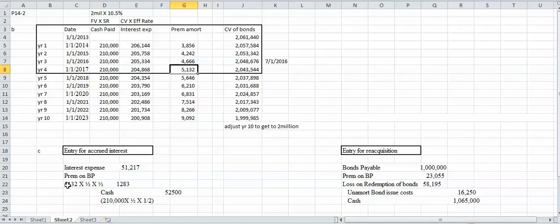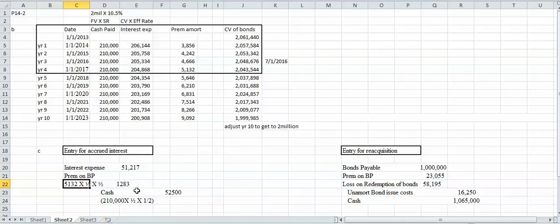But we don't just factor in half of it, we factor in half of the half because it's half a year. I know it sounds confusing, but we take the premium that we would have amortized for the year, we divide it in half because it's half of a year, and then we divide it in half because we're only doing half of the bonds. We're only going to reacquire half of the bonds. That gives me my $1,283.